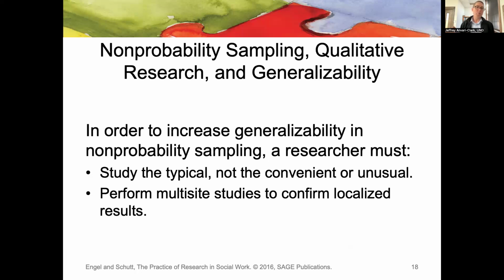And then we also should have different studies in different areas to be able to confirm these localized results. Are they simply unique to this particular area, or, by virtue of my doing research in a rural area, are we finding the same thing in an urban area? Well, we need to do research in both types of areas.